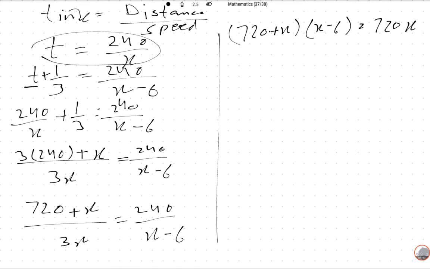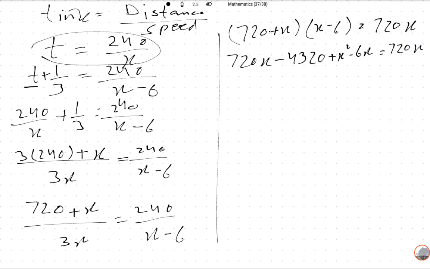So 720x minus 720 multiplied by 6 is 4320, and plus x square minus 6x is equal to 720x.